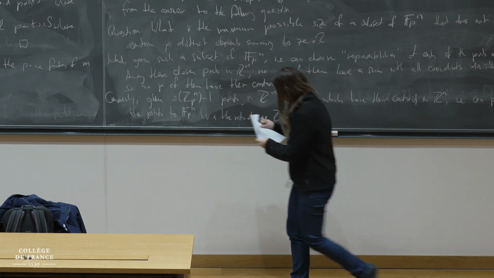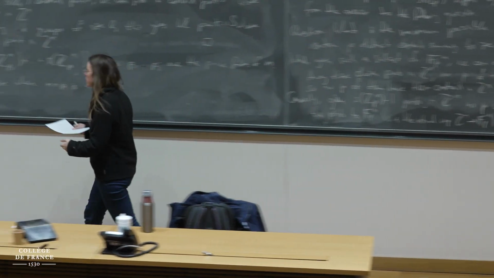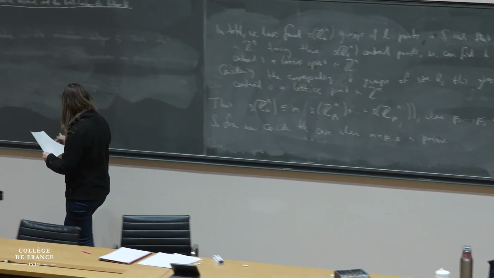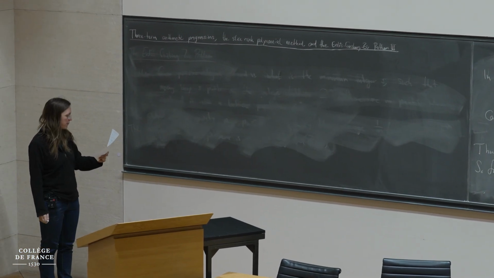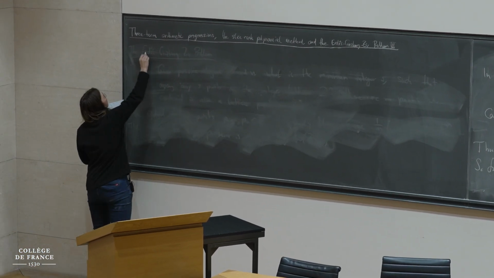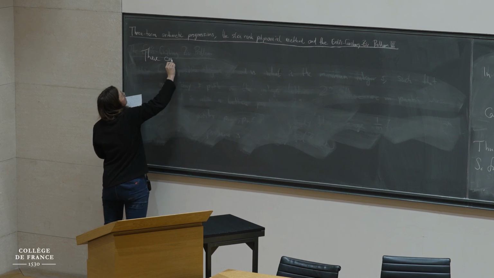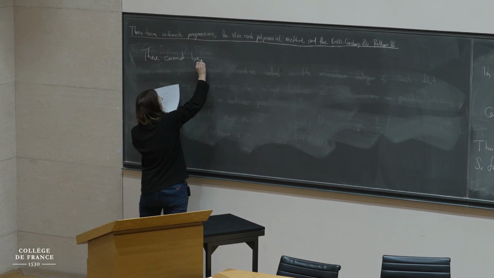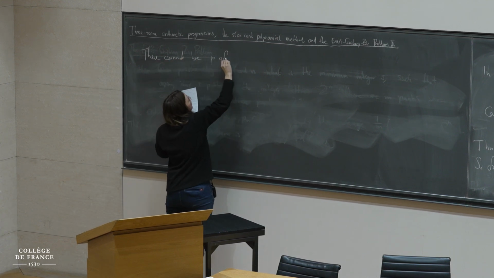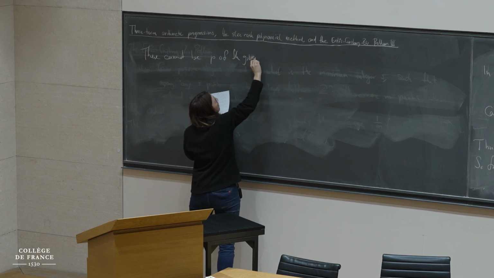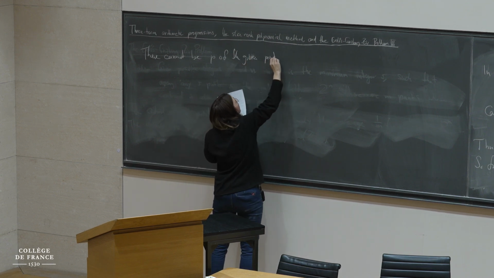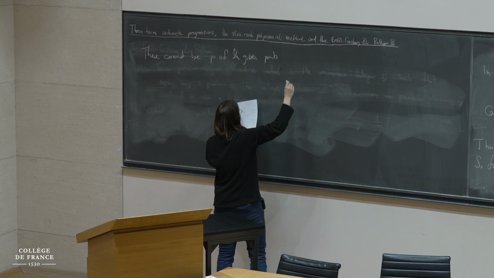So now, when we do this projection, I claim that there can't be any p of the original points mapping to the same image. So there cannot be p of the given points with the same image.